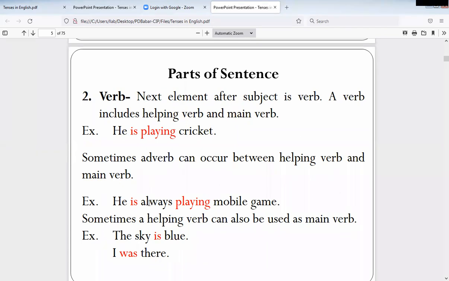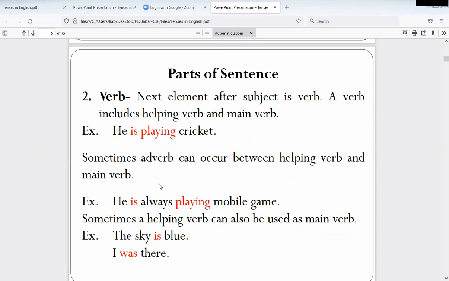Always is the adverb used in between the helping verb and main verb. We can use an adverb at any position in a sentence, while any other word we can't, but an adverb can come at any position.